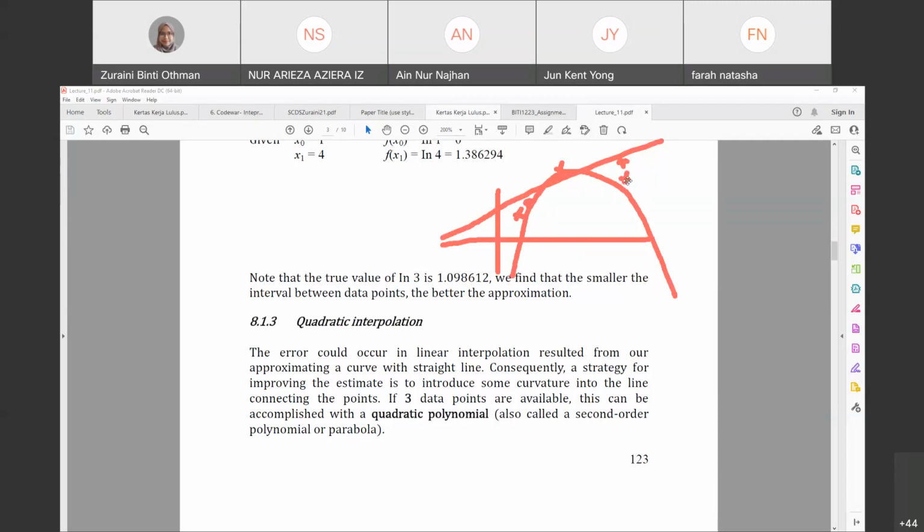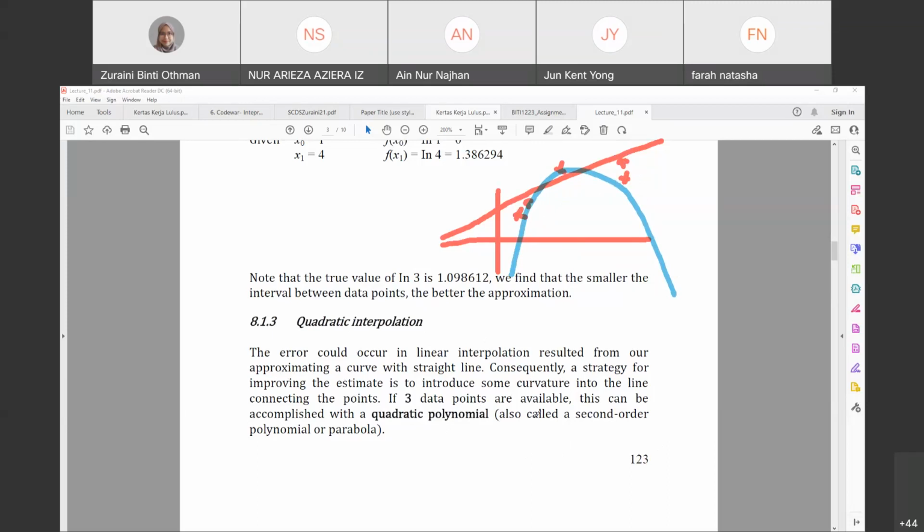You look at this point. Maksudnya the quadratic, if you have 3 points, is quite confident; the error that you get is smaller than when you use linear interpolation.